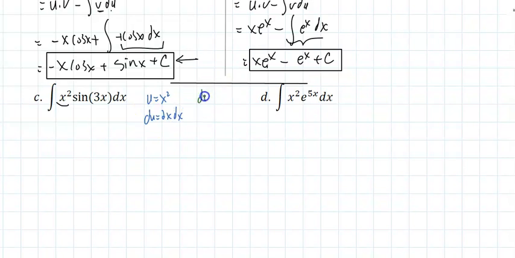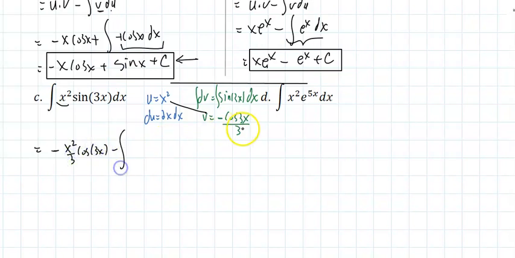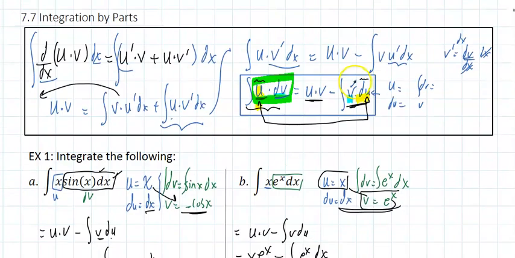And if you let dv be whatever is left over, the sine of 3x dx, then if you integrate, v will be negative the cosine of 3x divided by 3. So this is going to equal u times v, negative x squared over 3 the cosine of 3x, minus the integral of v du.